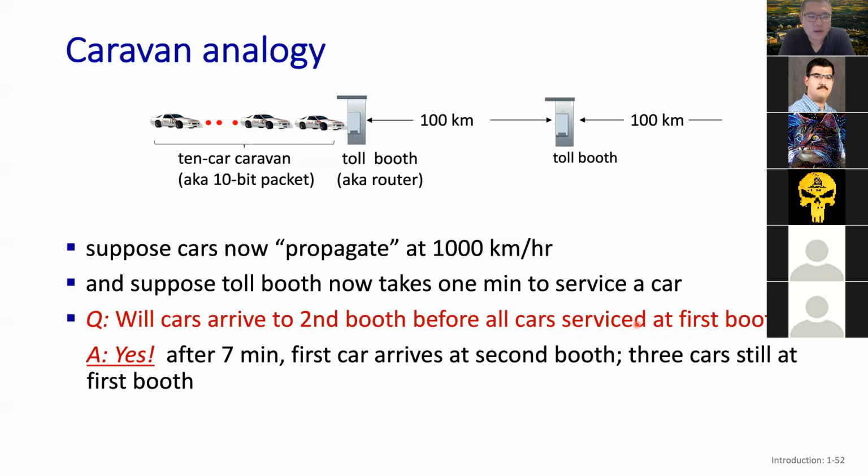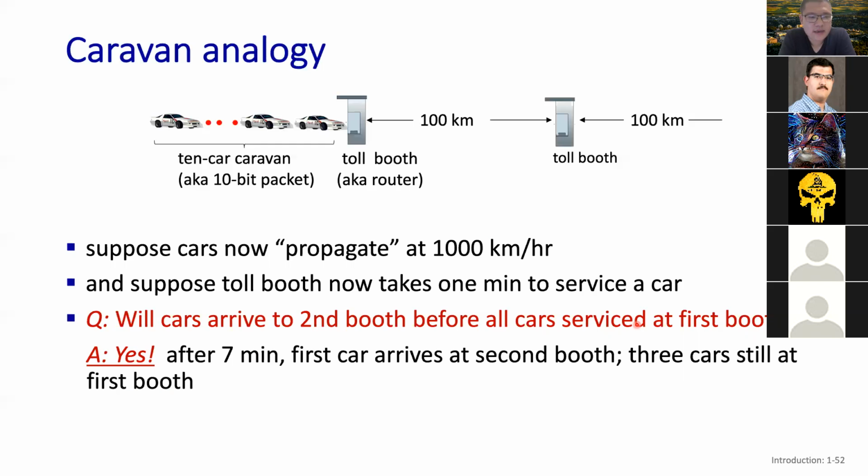Suppose we still have the same number of cars, and each car only takes about 1 minute to service, okay? And how long will the whole caravan take to pass from the first booth to the second one?